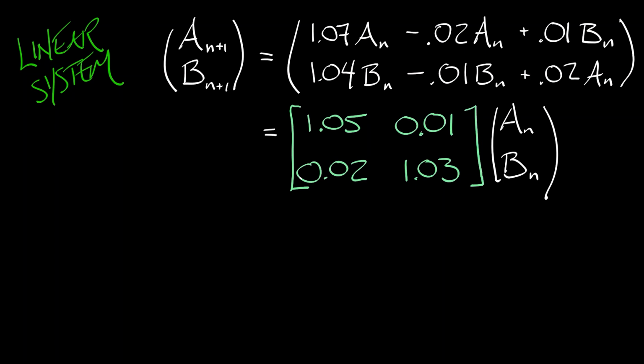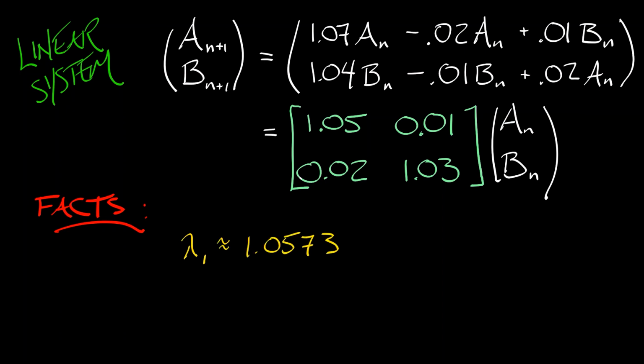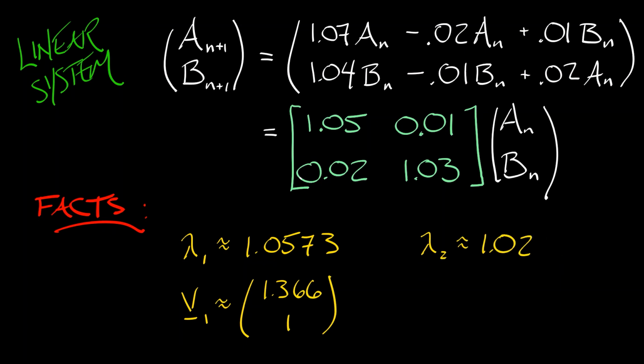I'm going to tell you that the eigenvalues are lambda 1 equals approximately 1.0573, and its associated eigenvector can be chosen to be 1.366 and 1. The second eigenvalue, lambda 2, is approximately 1.0227 with eigenvector v2 negative 0.366 and 1.